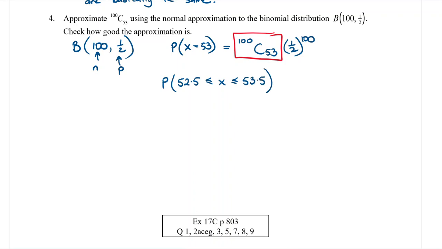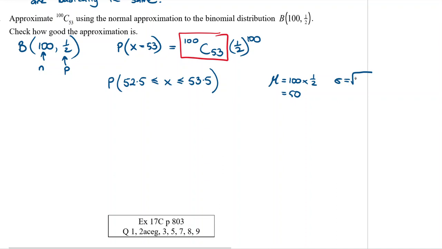So anything between those two would be considered a score of 53. I need to know my mean and my standard deviation so that I can turn those into z-scores. My mean is 100 times a half, which is 50. And my standard deviation is the square root of 100 times a half times a half, which is 5.